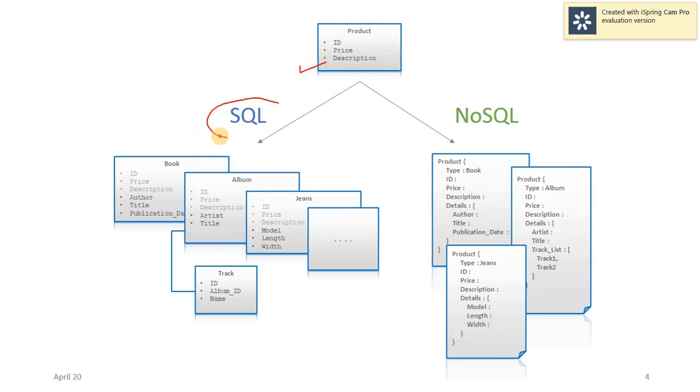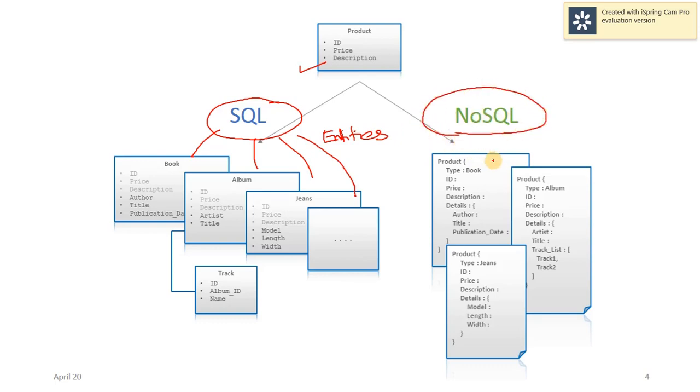In SQL modeling, you are going to pull them apart into some entities using normalization, right? But then in NoSQL, each of these is considered as a document and also a collection.